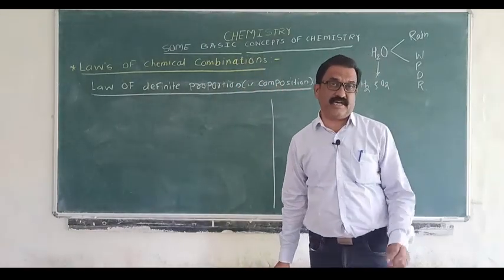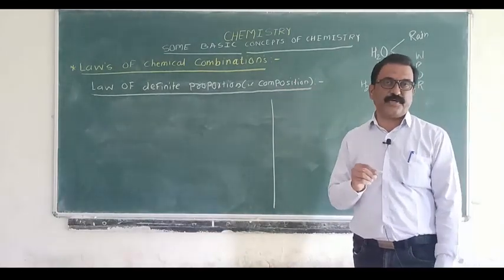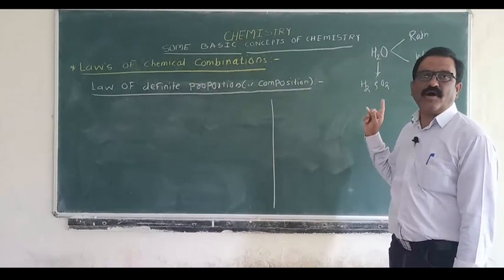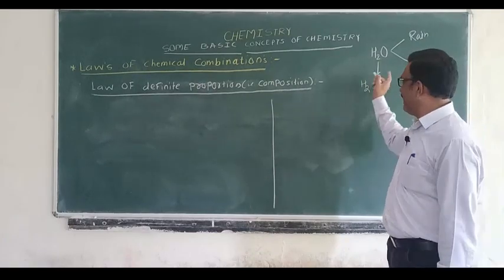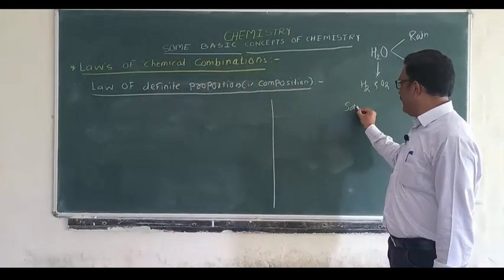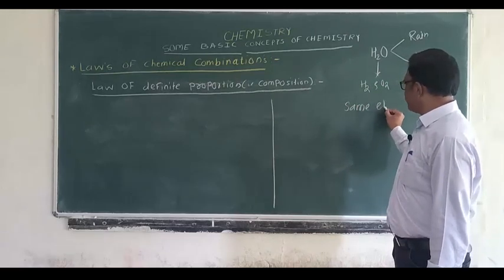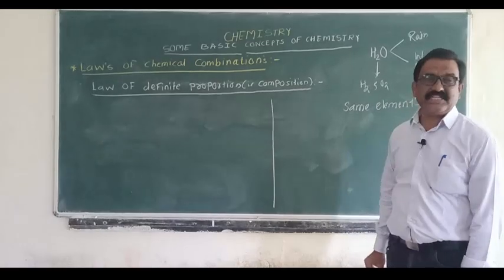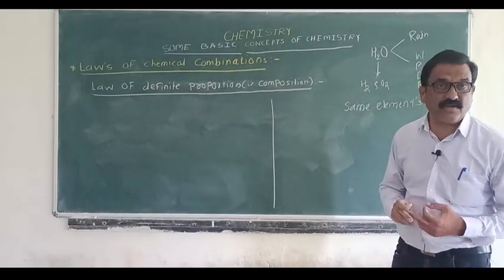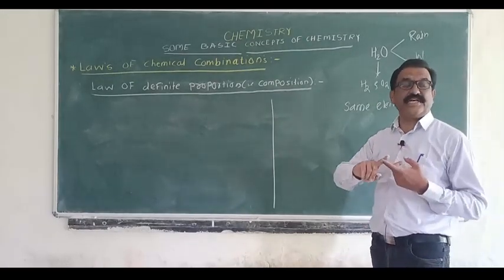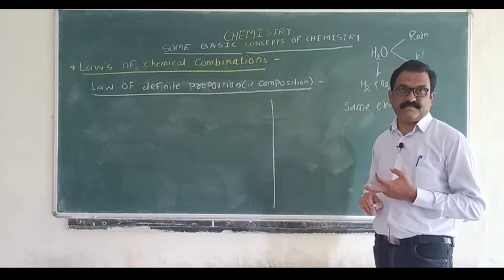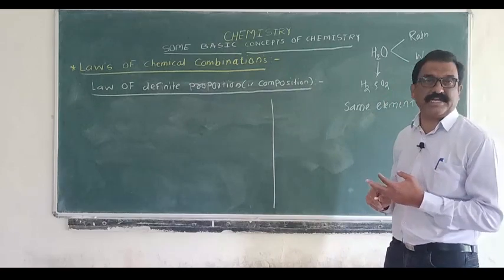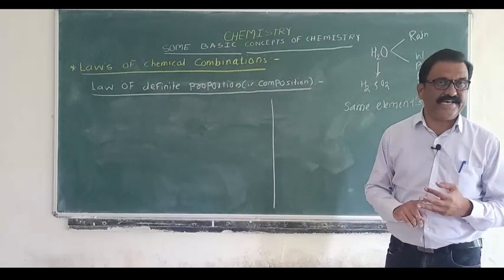Any pure chemical compound, irrespective of its source or method of preparation, contains the same elements. A pure chemical compound always contains the same elements. That is, water contains only hydrogen and oxygen. Sodium chloride, when it is in pure form, contains only sodium as well as chlorine.